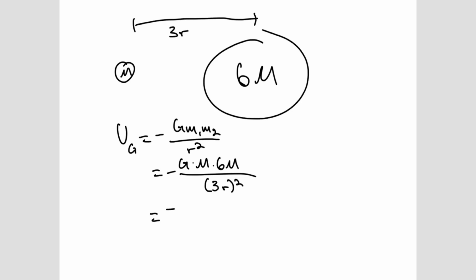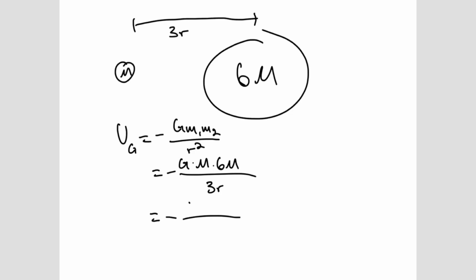Oh, no, there is not a squared. I made a mistake. That's a common mistake with universal gravitational potential energy. It's possible to just confuse it with Newton's universal law of gravitation, and you might think, oh, I should square the distance like I just did there. Don't square the distance. That's a mistake. It's a pretty common one, too. But I guess I can't say anything because I made the mistake, huh?